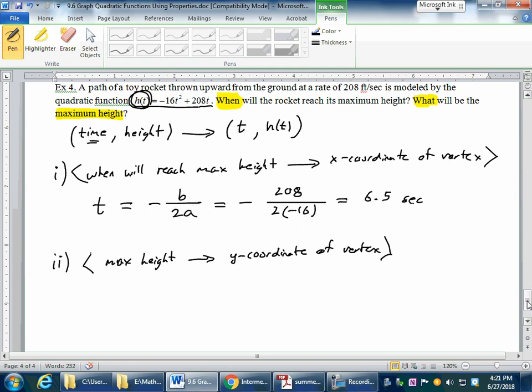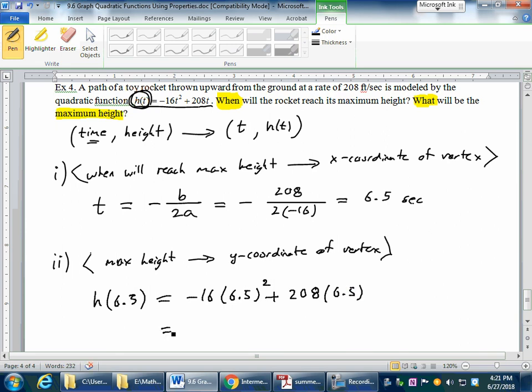So that basically means what is the function value when it reached the maximum height at 6.5 seconds. So this will be equal to negative 16 times 6.5 to the second power plus 208 times 6.5.